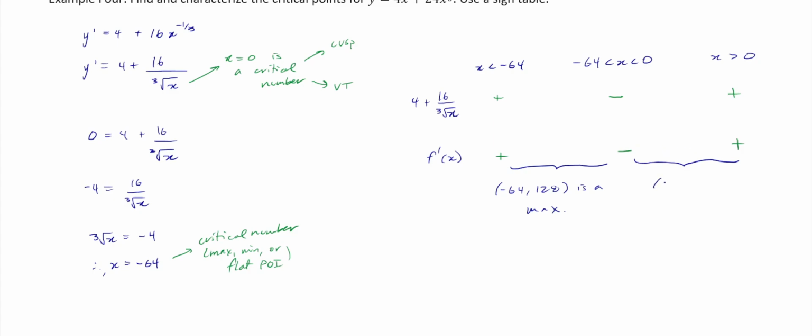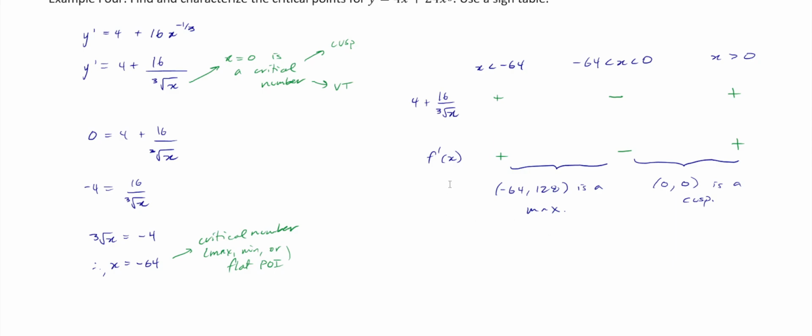So that means that 0, 0 is a cusp. This is the undefined critical number, 0, and I see there's a sign change across that critical number, so that makes it a cusp. This is the critical number that made the first derivative equal to 0. There's a sign change that makes it a maximum because it's going from increasing to decreasing.